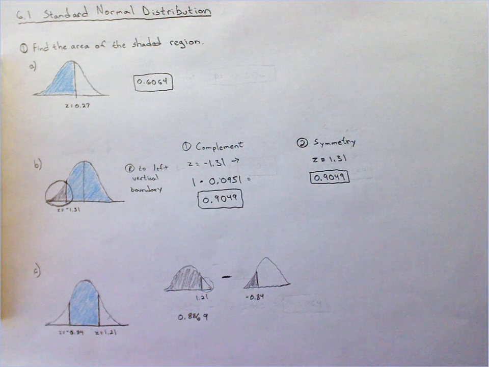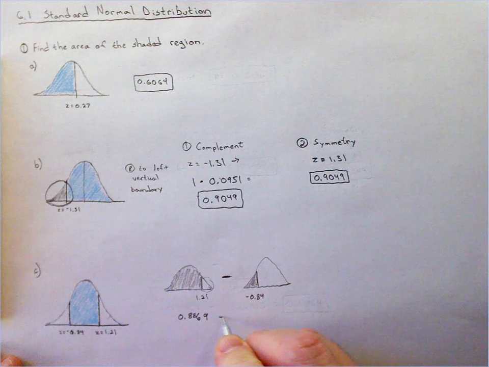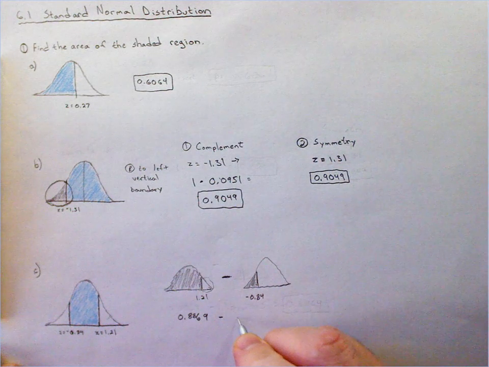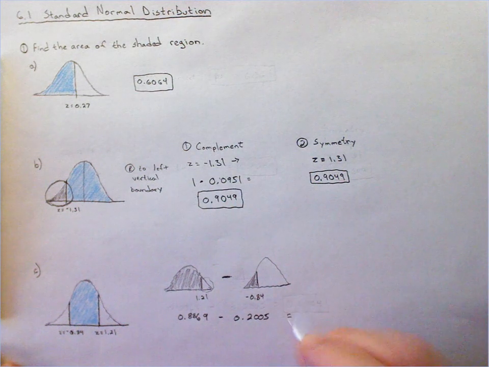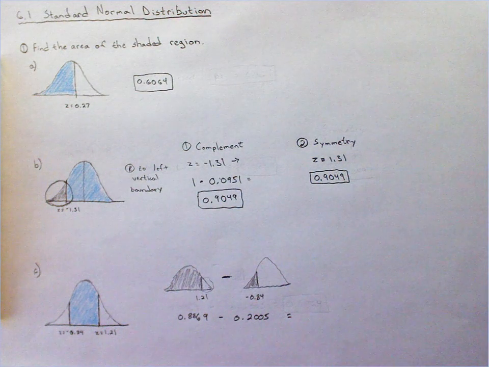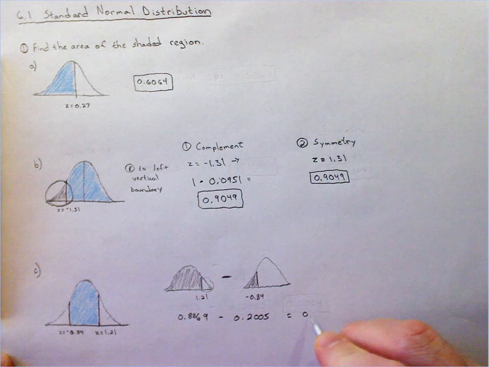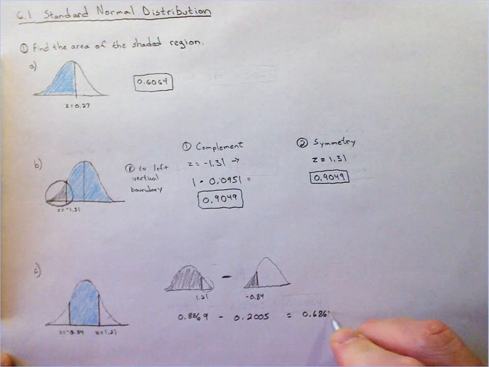And then my z-score of negative 0.84, so it's on page 1, will be 0.2005. Now all I do is subtract those. Again, use my calculator, and I end up with an area of 0.6864.